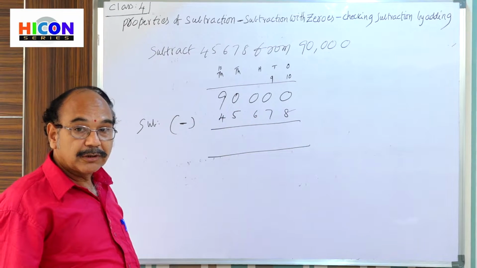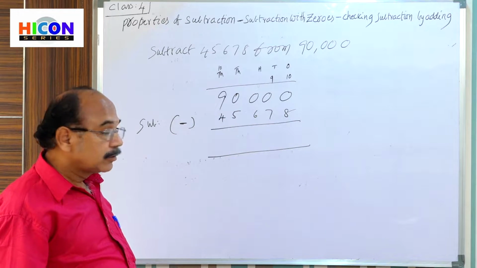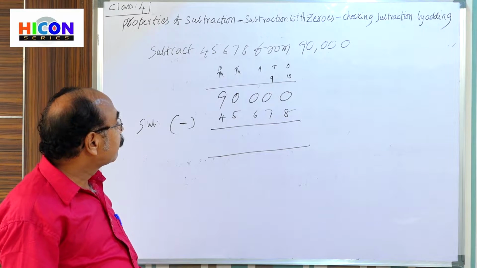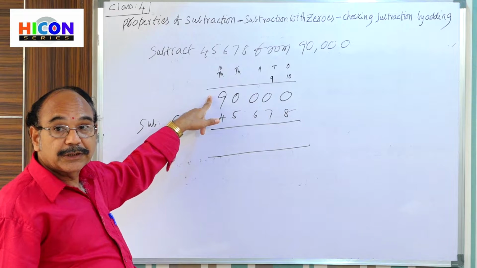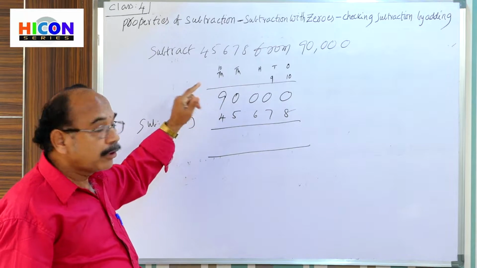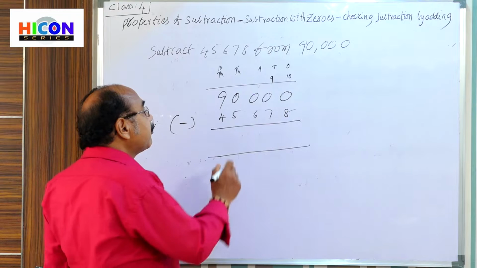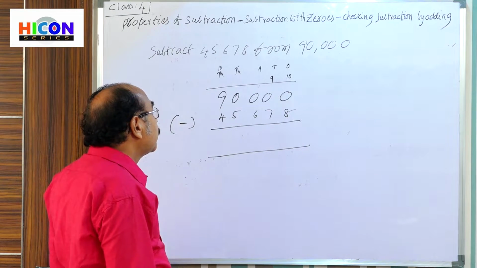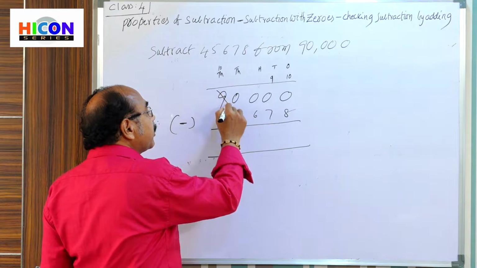From zeros we can't get borrow. So 9 has given the borrow, that's why here 8 only.